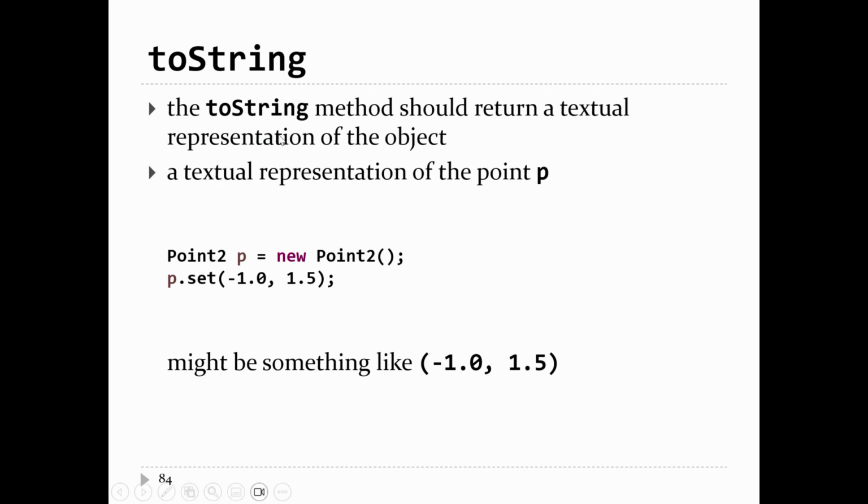If I want to print out a point p whose coordinates are -1 and 1.5, it would be nice if it printed out something that looks like that. You could choose something else, braces instead of round brackets, square brackets, whatever you want. It's up to you, but it would be nice if you could print out a point that looks something like that.